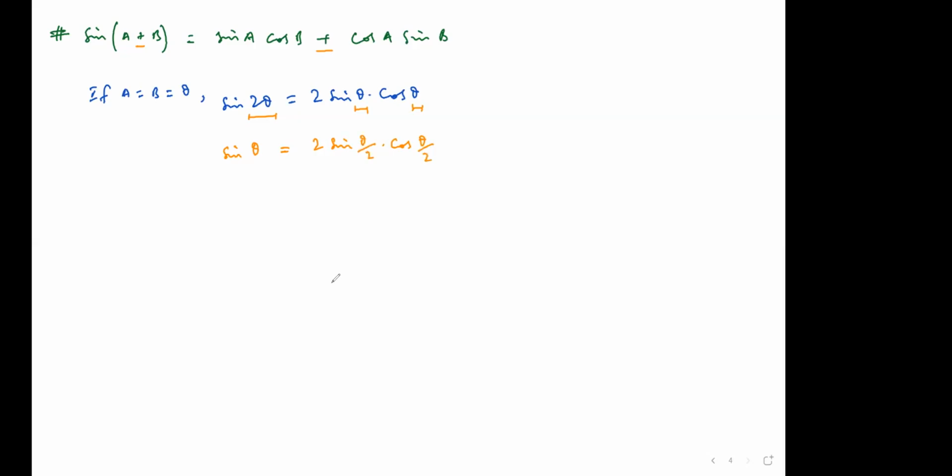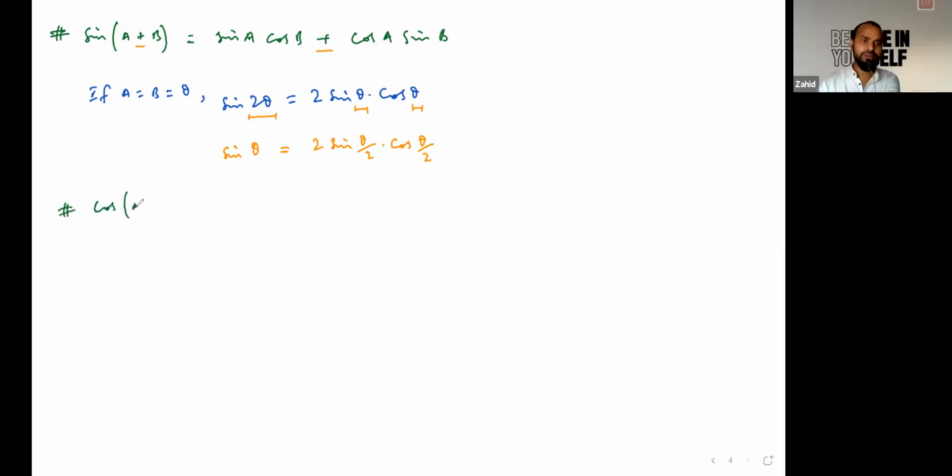Similarly, for the cos part, if we have cos of A plus B, it would be cos A cos B minus sine A sine B. If there is a negative sign in between them, it would be positive.